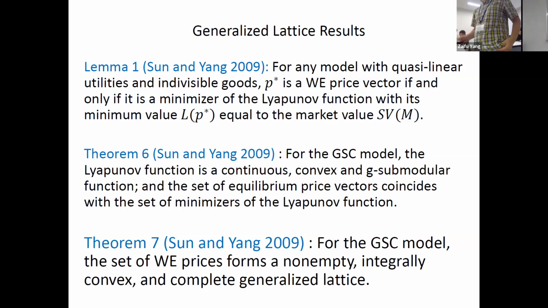For this GS model, we can prove that the set of Walrasian prices forms a non-empty, integrally convex, and complete generalized lattice. This integrally convex set has a very nice geometry.